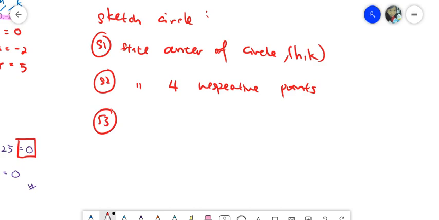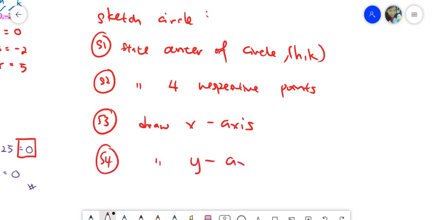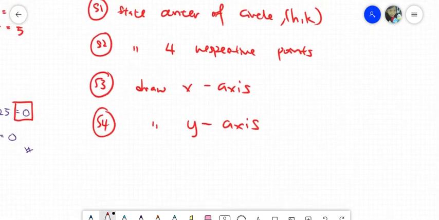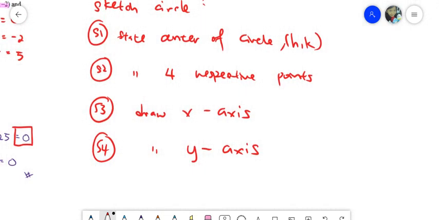Or you need to draw your x-axis and also your y-axis respectively. But before you have your x and your y-axis, do remember to join up.